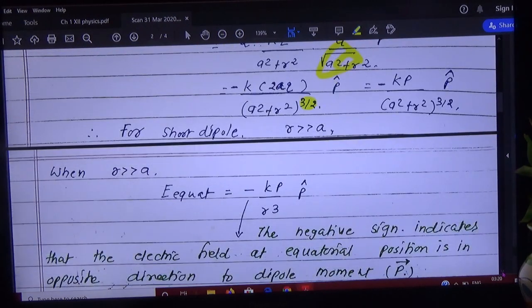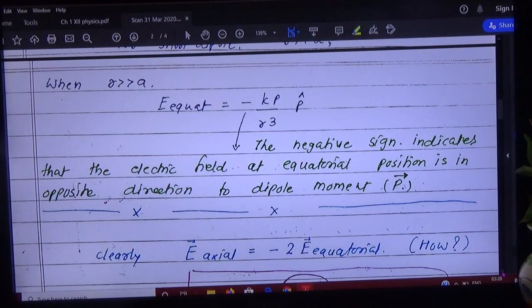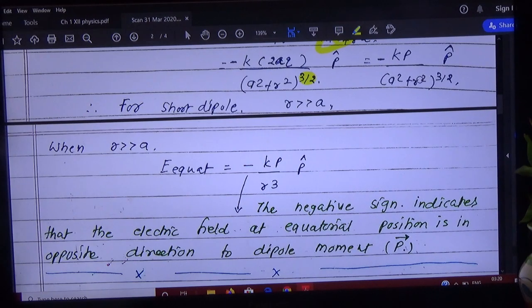And remember, we are solving here for a short dipole, and we know that for a short dipole, r is very much greater than a. This r square will definitely be much greater than a square. So we forget a square here. So r square raised to 3 by 2, that is 2 into 3 by 2, will give you r cube.